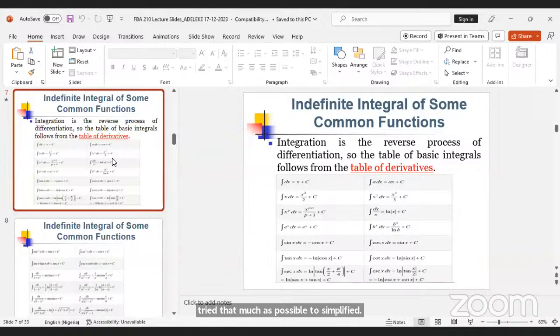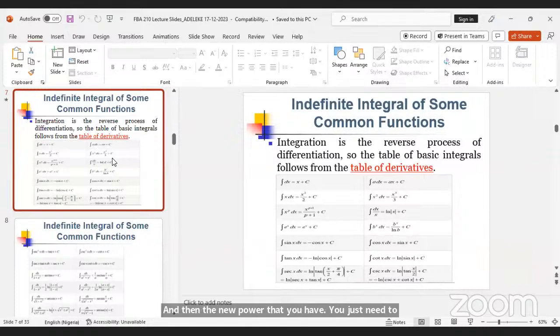So if you are integrating any function of x, what the integration says is that you will increase the power of x by 1, and then the new power that you have, you use it to divide the function.